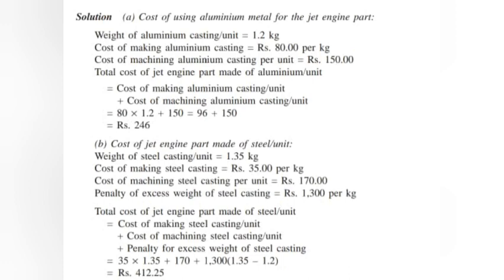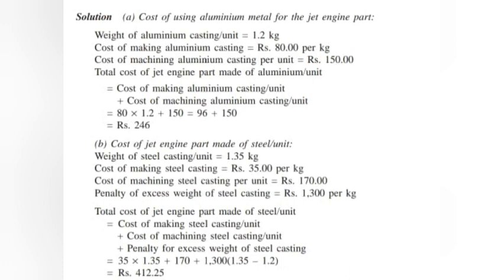Now for steel, the making cost is 35 rupees per kg, and the weight of the steel casting per unit, as mentioned in the question, is 1.35 kg.